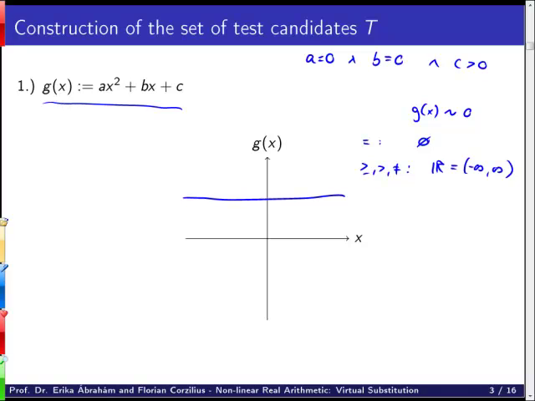Okay. Let's take another example where, let's say, the relation symbol is now, let's take now a different version. Let's say that B is not 0. Yeah? What about the polynomial if B is not 0?